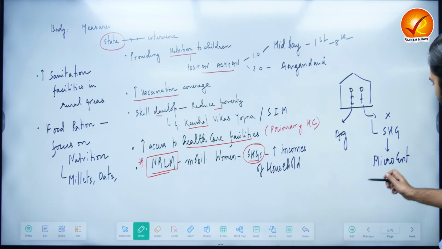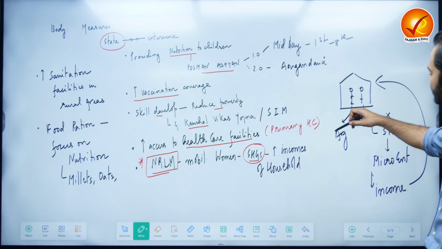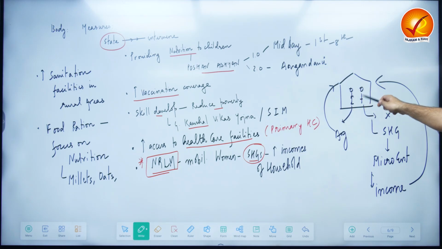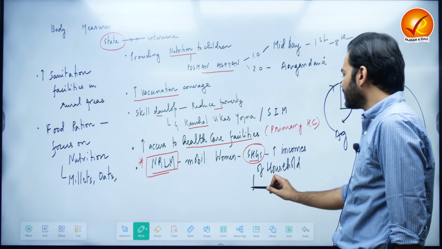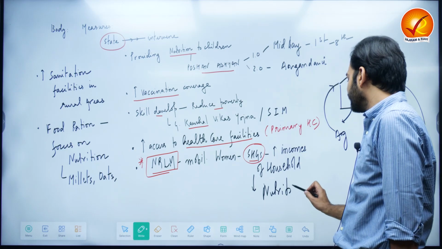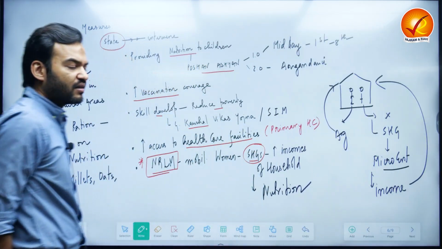When she starts her own micro enterprise, this will create additional income for the household. So income will increase, income will get doubled. The male is already earning, the female will also earn by starting her own micro enterprise. When the income of the household increases, automatically this will improve the nutrition of the children.